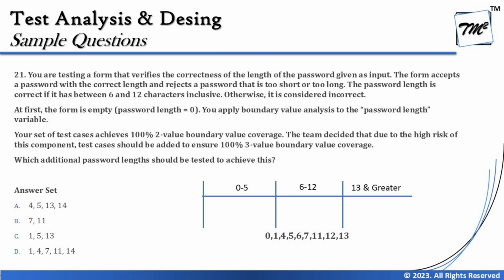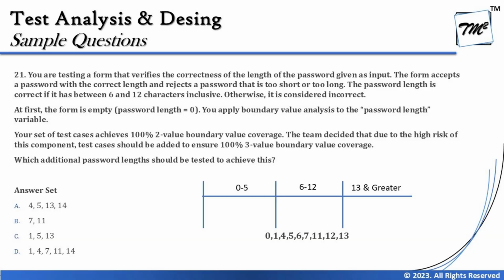So the remaining values are 1, 4, 7, 11, and 14. I don't believe that should be the right answer, but it's just that the syllabus has this written and they basically find that as one of the values. But as far as it is outside, invalid, we just take 1 value in the invalid range beyond the boundary. Okay, so 14 should not be the inclusive of the answer.